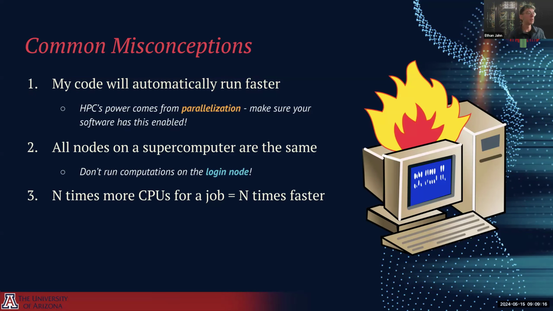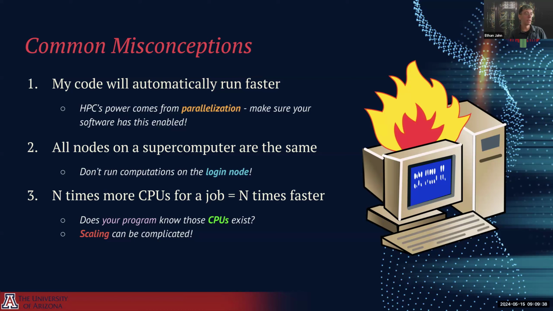Another common misconception is that if I'm running my Python script on one CPU on my computer at home and I send it to the HPC and I give it 16 CPUs, that means it will run in 1/16 the time. Unfortunately, this is not always true. Sometimes it is, but under very specific circumstances.